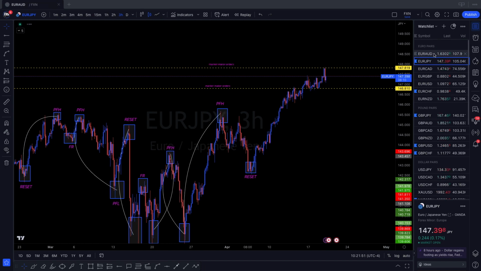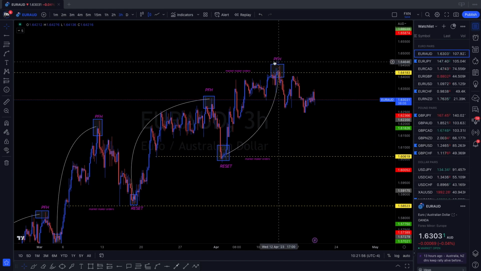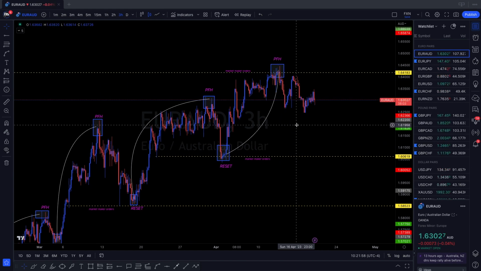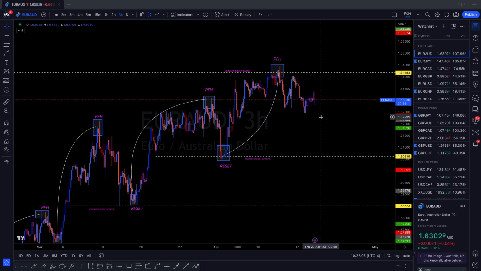When you compare that to, let's say, a Euro AUD pair, where it just created a brand new peak formation high, that means that we're really early into the new cycle. So for me, this is going to be a primary pair that I want to pay attention to, as a pair that could potentially produce a trade setup.